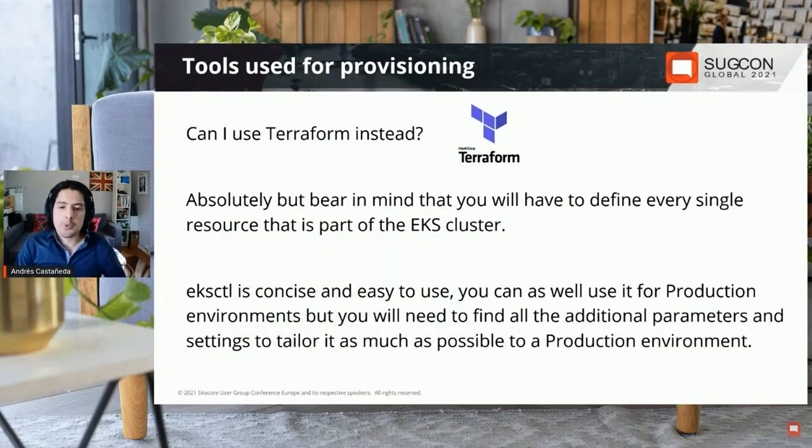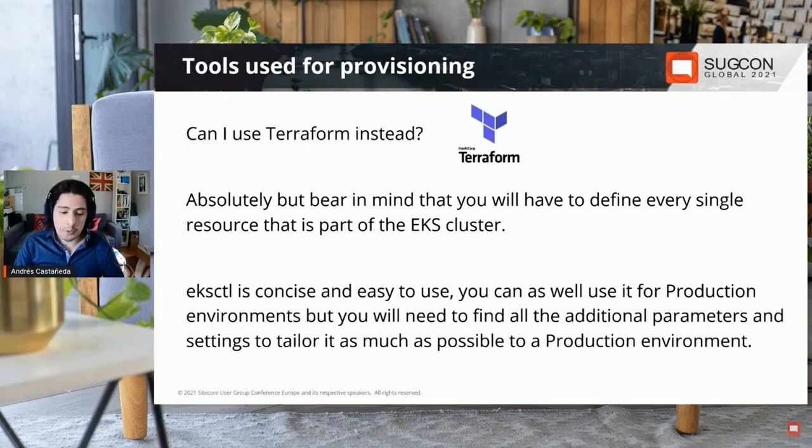mind that you will need to define every single resource that is part of the EKS cluster. And if you are proficient on how all of the resources or how Kubernetes works, or how to do the implementation, let's say by hand, then go ahead. Or you could also, I would say, go and check the resources created on the CloudFormation and then apply the same things by yourself on the Terraform.